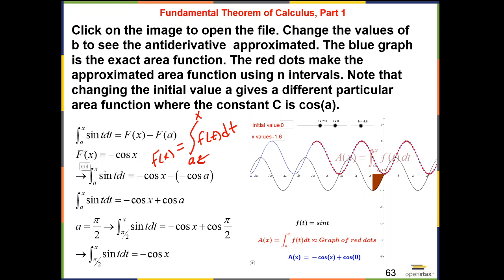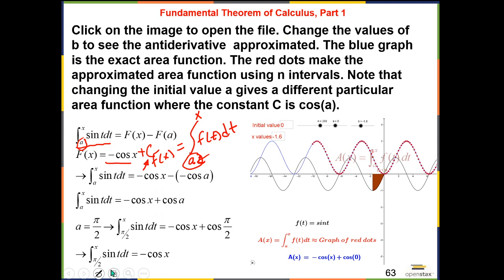So for example, let's say we want to find the integral of sine t dt from some constant a to x. Now we know the antiderivative of sine is negative cosine, right? We discussed this at the end of chapter 4. So, negative cosine, but remember there is plus c here. What determines that c? That number determines that c.